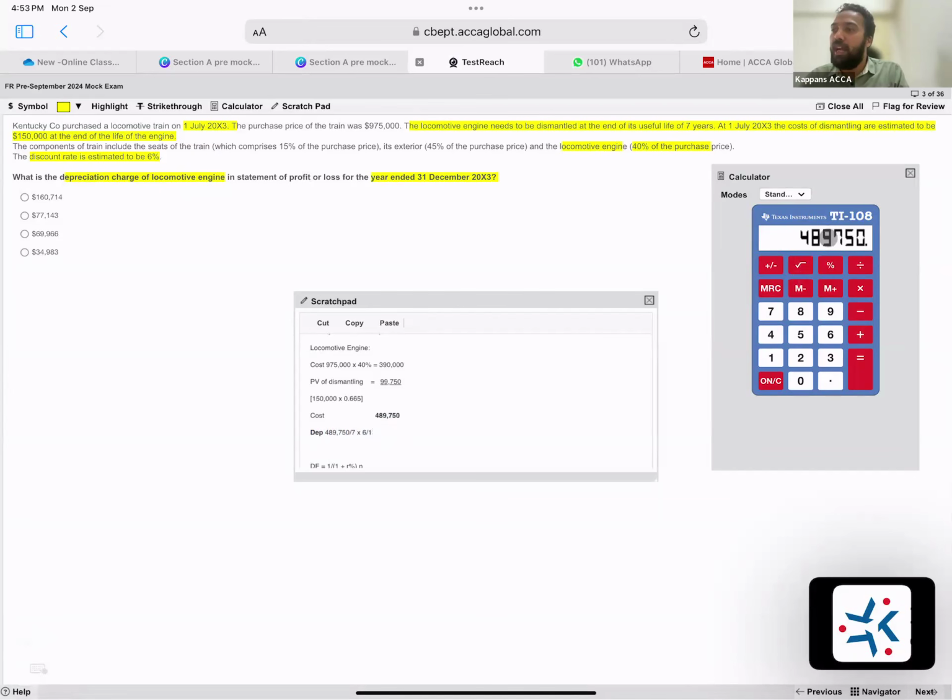So 489,750, that is the cost, divided by 7 years, multiplied by time proportion 6/12 is equal to 34,982. That's a small rounding error. Option D is the answer.